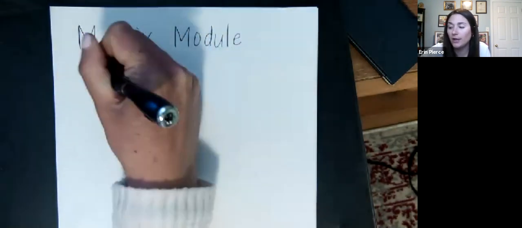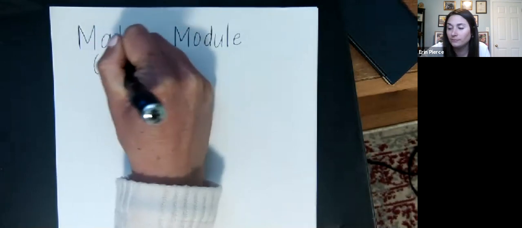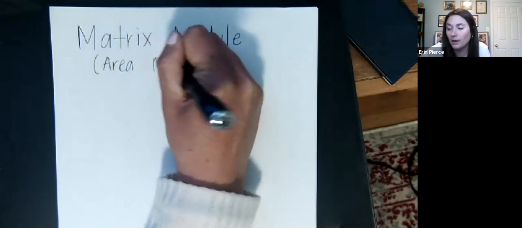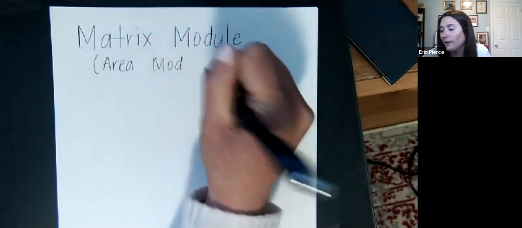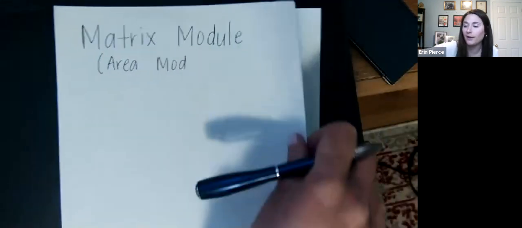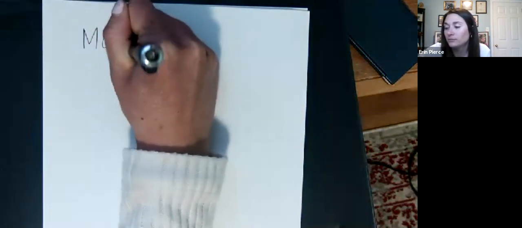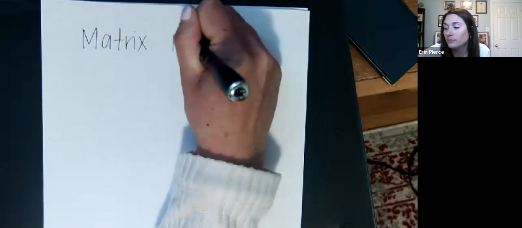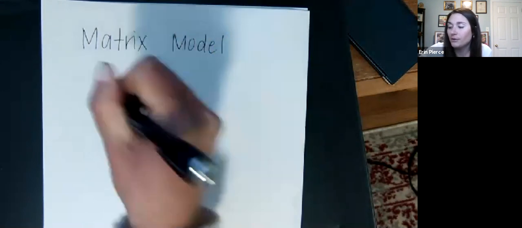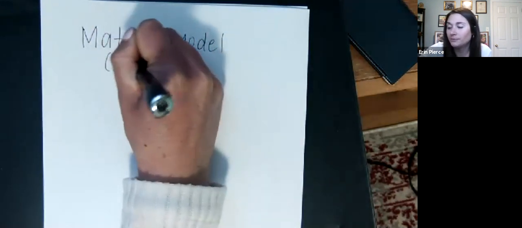It's also called area model in your matrix module. I spelled that wrong. Let me rewrite that. Matrix model or area model. Also called area model.